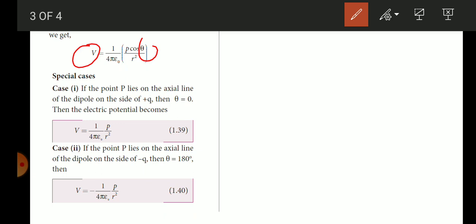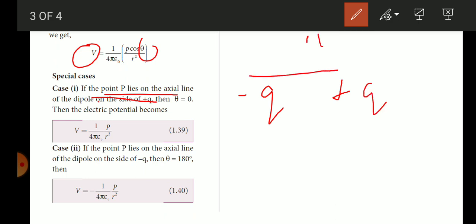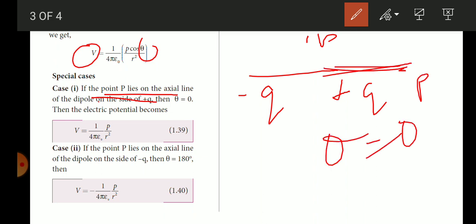Then based on that we can say, this is the minus q charge, this is the plus q charge. What we consider, point P is here. If point P lies on the axial line along the plus q charge, then theta will become 0. Then cos theta is equal to 1.